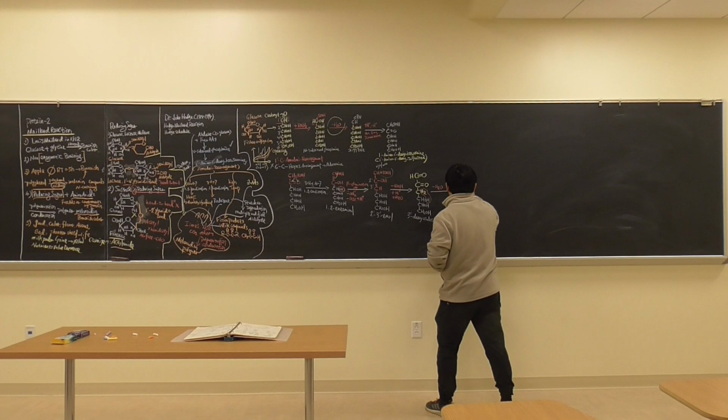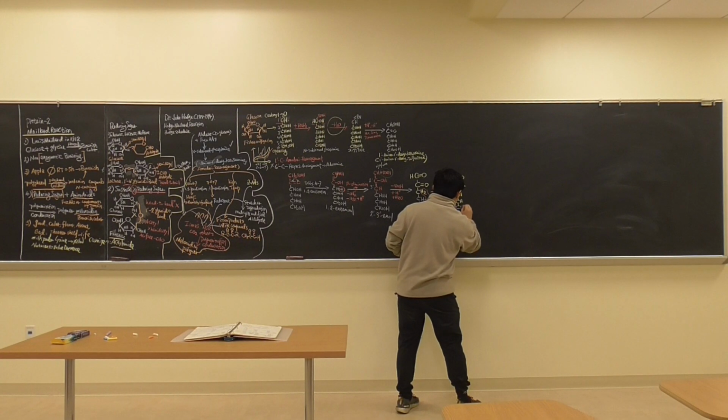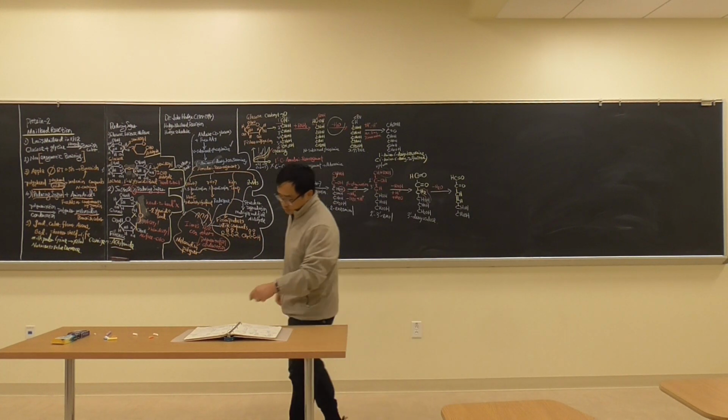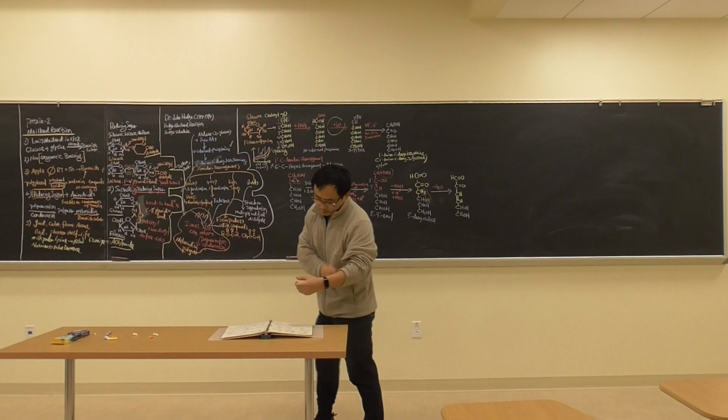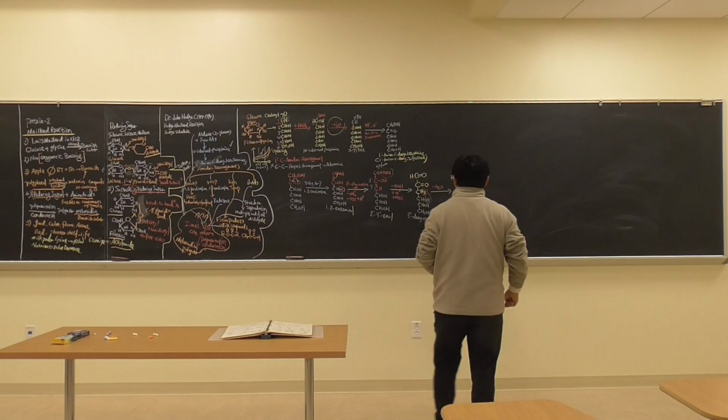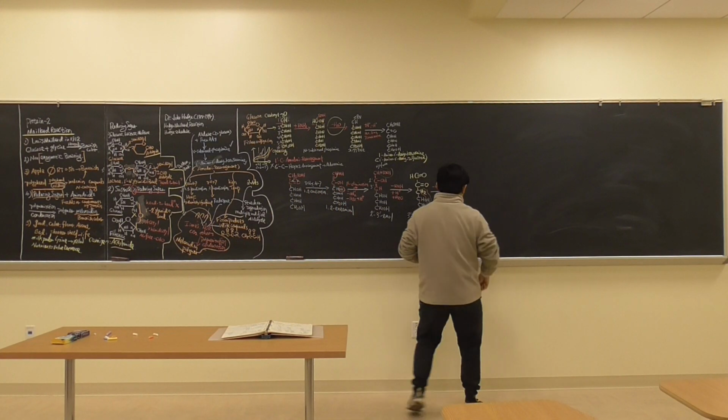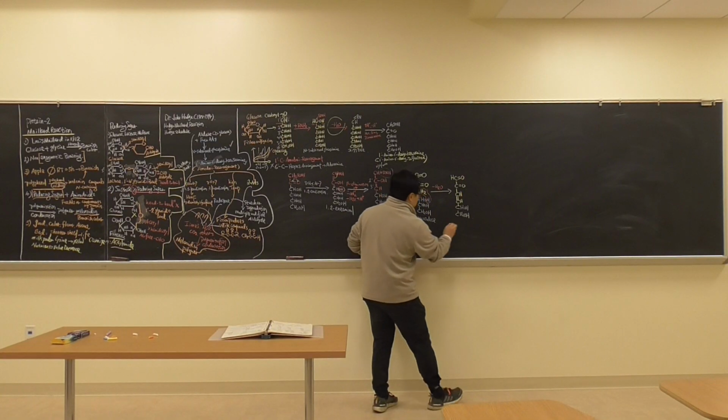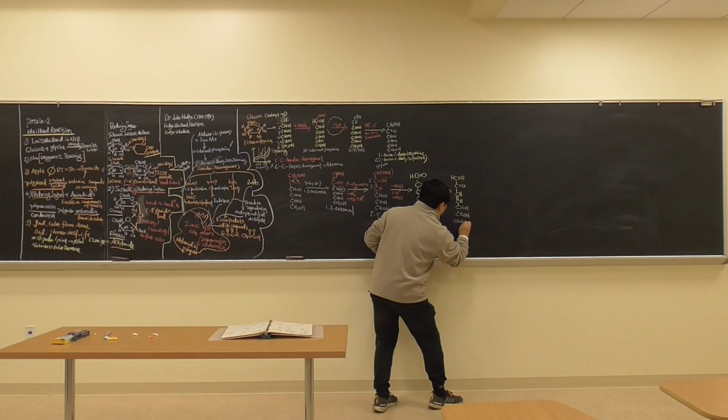We have CH, so you go here, CH double bond CH, then you go here, CHOH, CH2OH. I just want to make sure what I'm writing is correct. Okay, that's correct. What is this called?